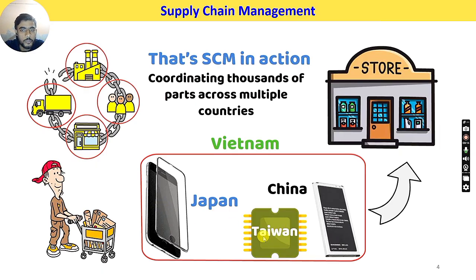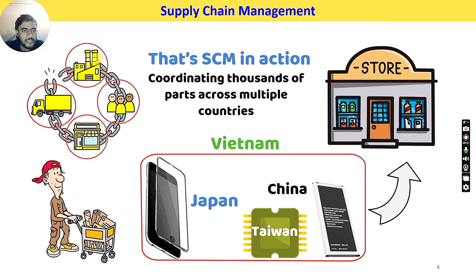All the processors, like the Snapdragon or any other, they buy from Taiwan, and the battery they buy from China. These are stored in Vietnam, and they manufacture the mobile phones there so they can be delivered. So this is coordinating lakhs of parts across multiple countries. These are examples of how supply chain management works.